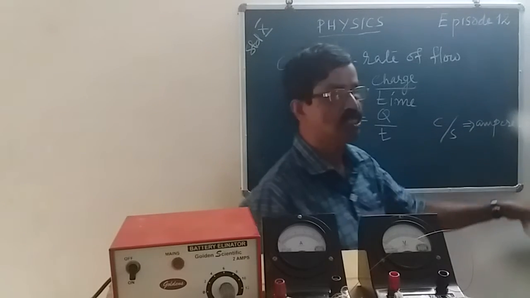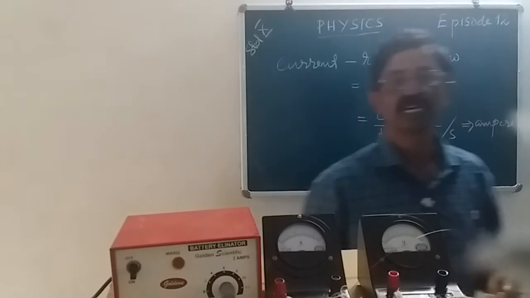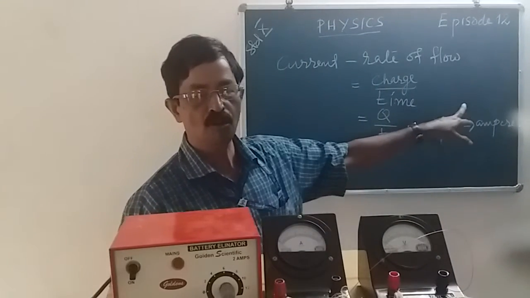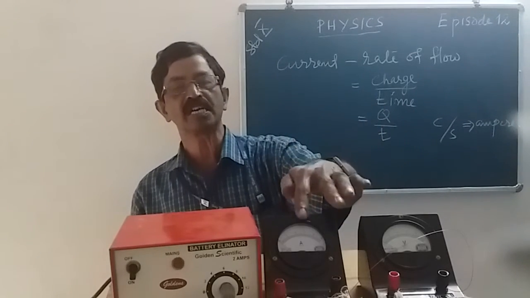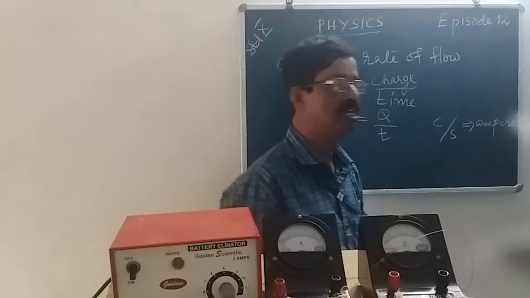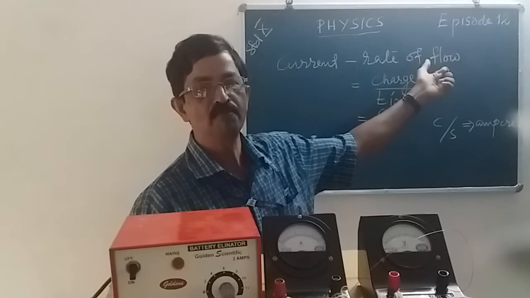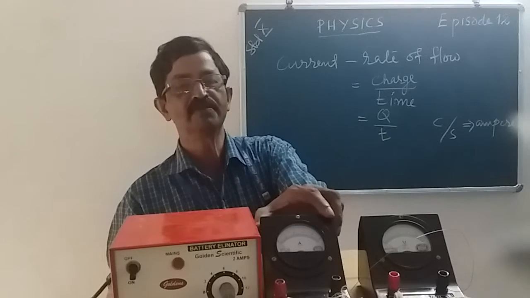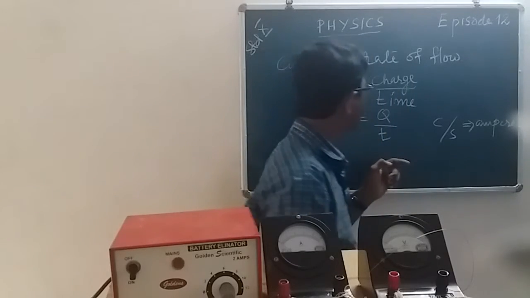Some smaller units are milliampere and microampere. And the ammeter is the device used to measure current. Here you can see the ammeter, which is used for measuring current.